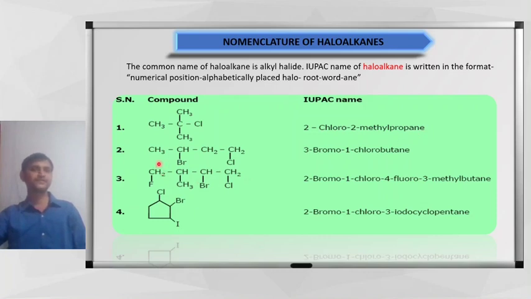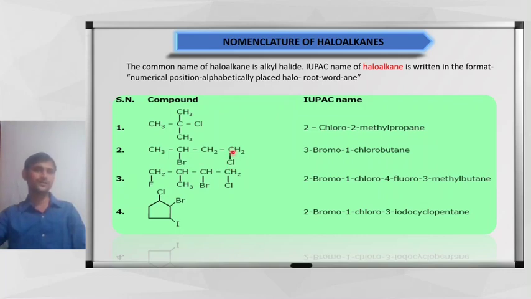Next one, see the longest chain. This is our longest chain. But the numbering from which side? This is very important. So the numbering is given from this side. Why? Because we are going to find the lowest number, meaning where the halogen group is attached, which is nearer, which is closer to that end. So the halogen group is attached to this first carbon.